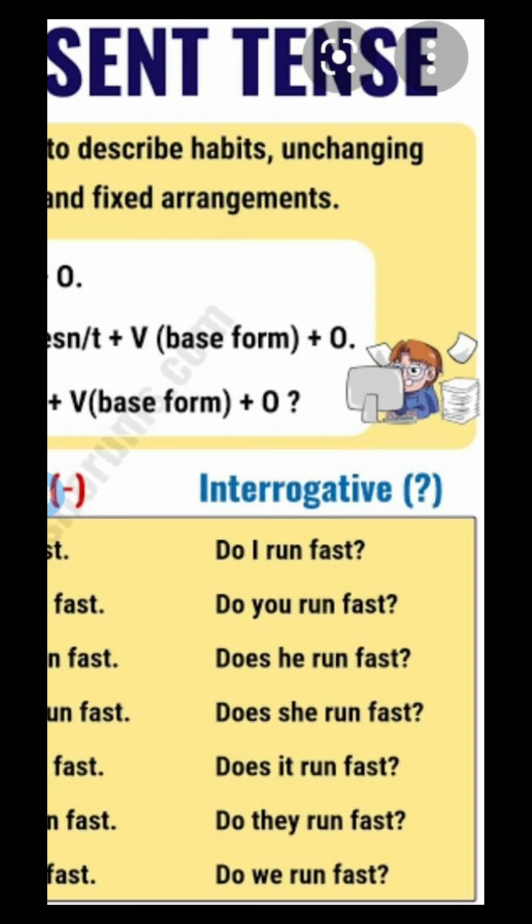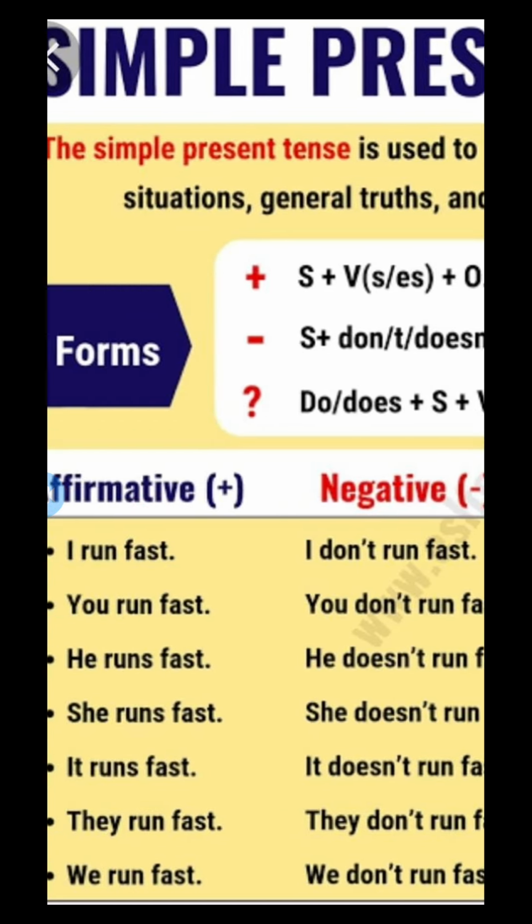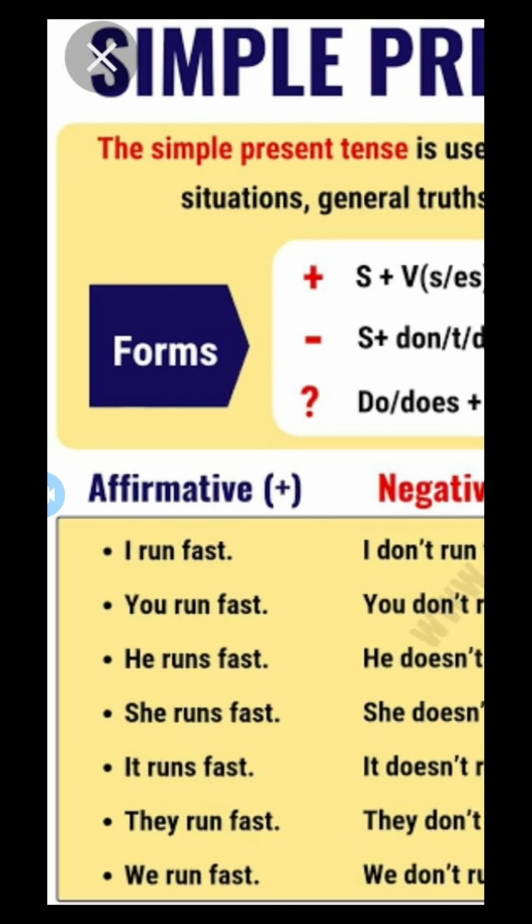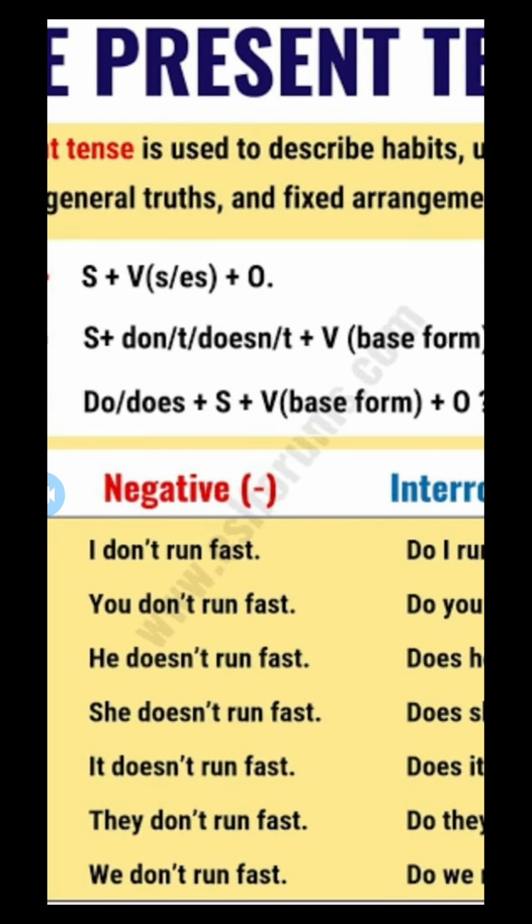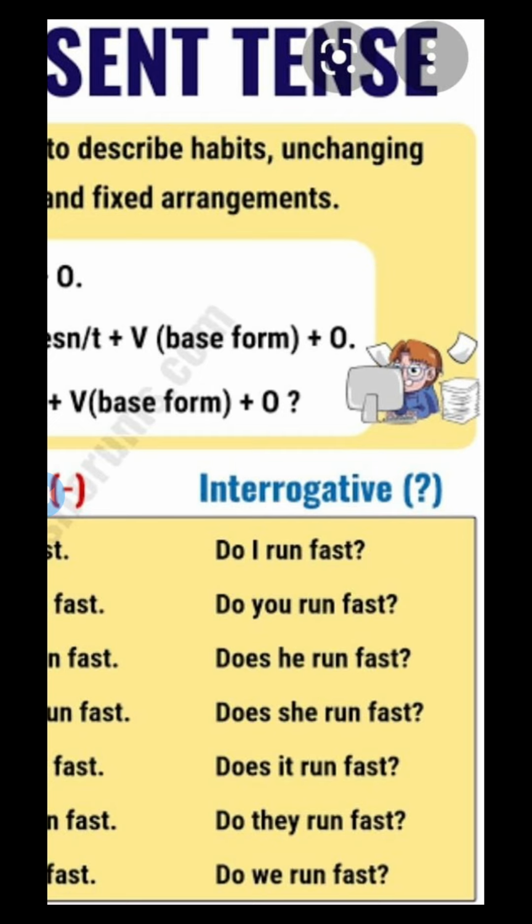If I ask the question to others, do I run fast? If I run, others answer me, yes, you run fast. If you are not doing this, say no, you don't run fast. So if you ask interrogative questions, we get two answers, positive or negative.